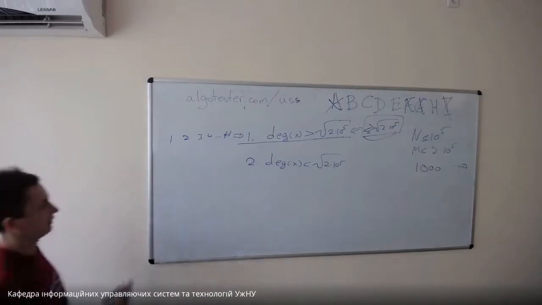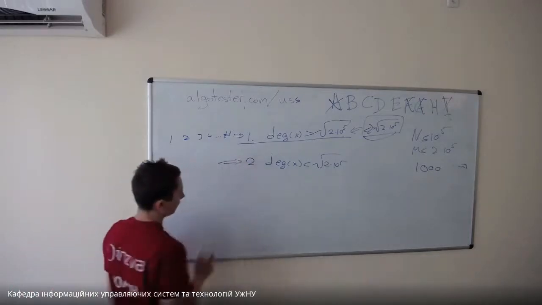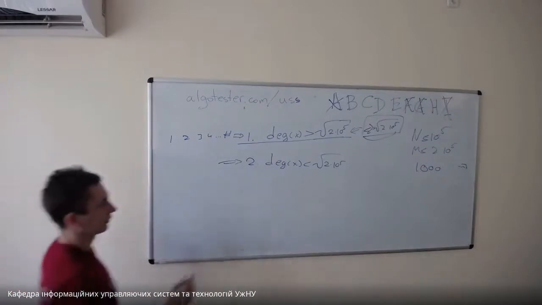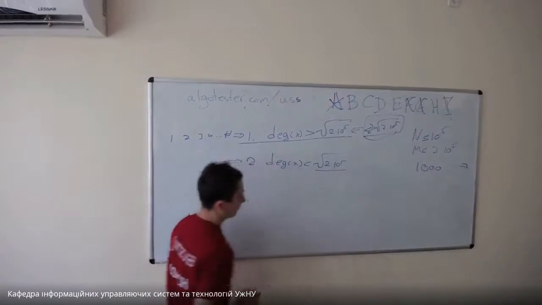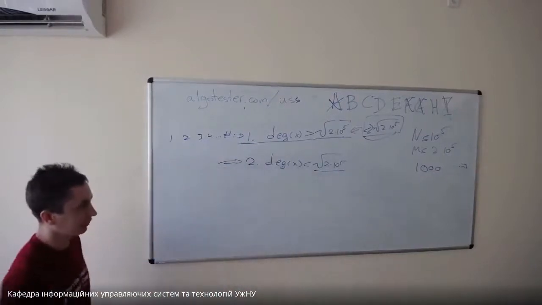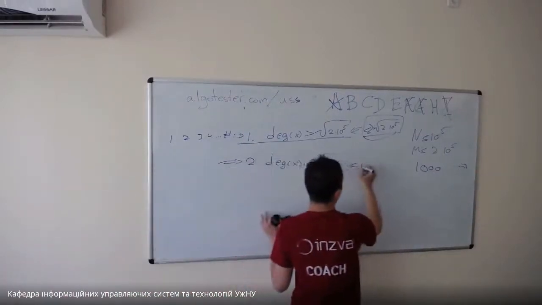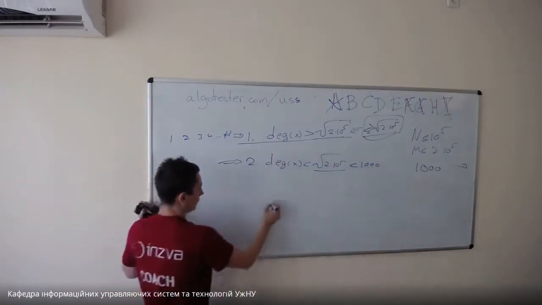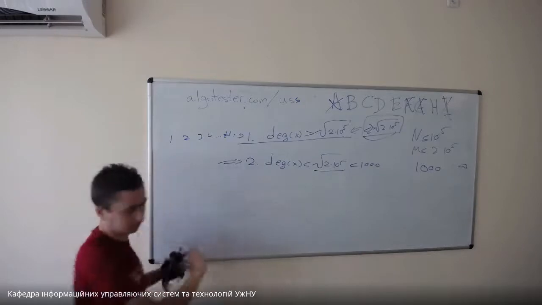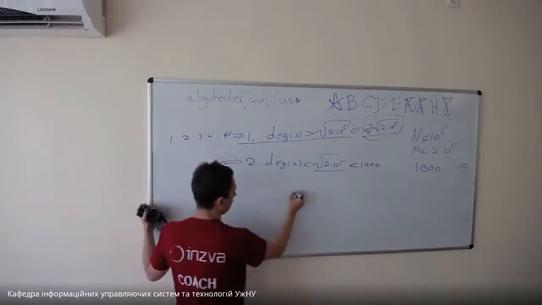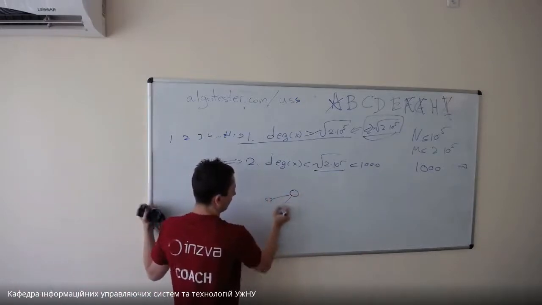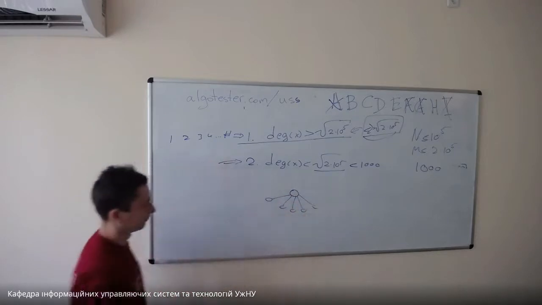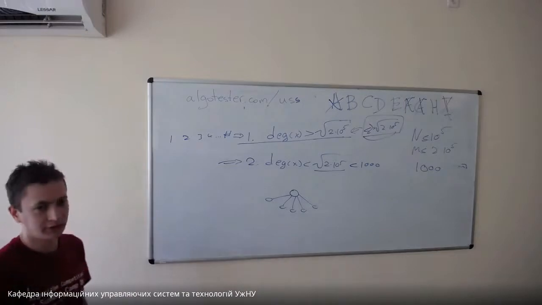And then for each vertex of the second category, we know that the degree of this vertex is less than square root of 2 times 10 to the 5th, which is less than 1,000. Now let's just go through those vertices in some order and look at a vertex. Let's go through the neighbors of this vertex that already have colors assigned.